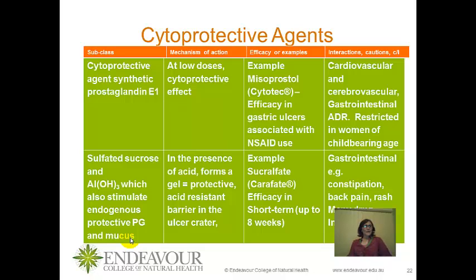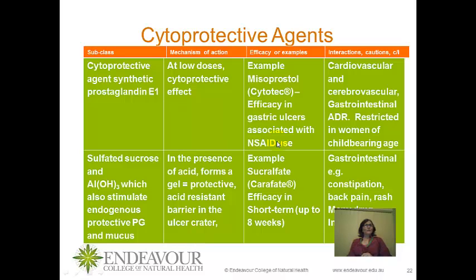But where that sulfated sucrose and the aluminium hydroxide encounter hydrochloric acid, you get the formation of a protective gel over the site. This creates a barrier and rafts the ulcer crater so as to protect it.